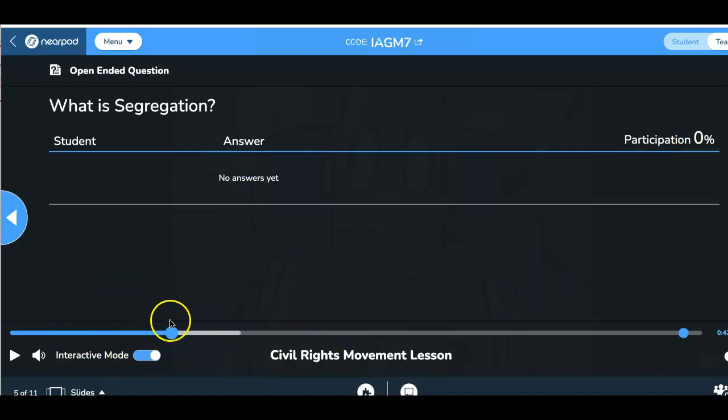And then once, let's say we go here to this point, the students will have to answer what is the Jim Crow laws after BrainPop gives them the definition of it to see if the students are understanding the video or not.